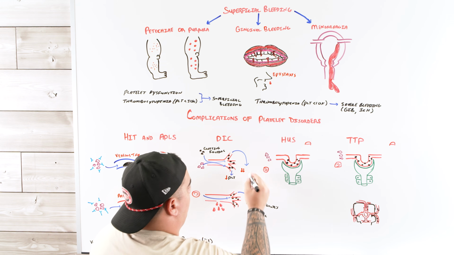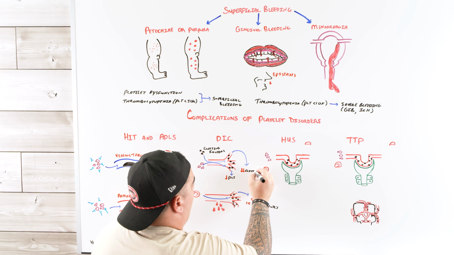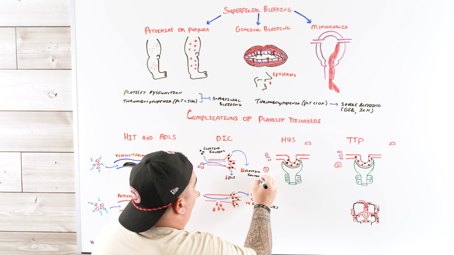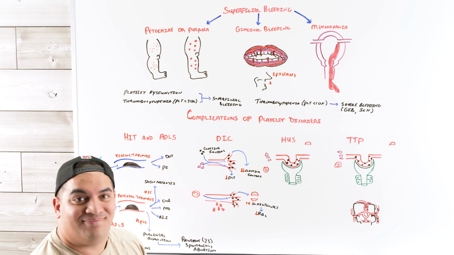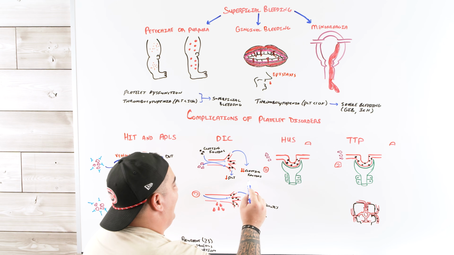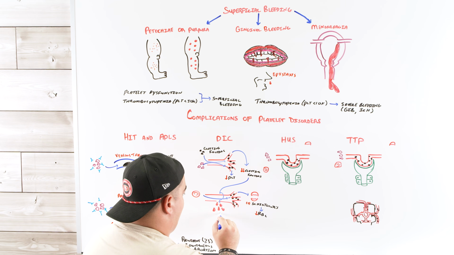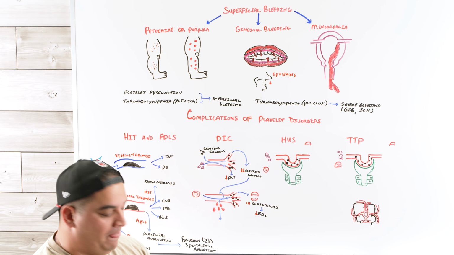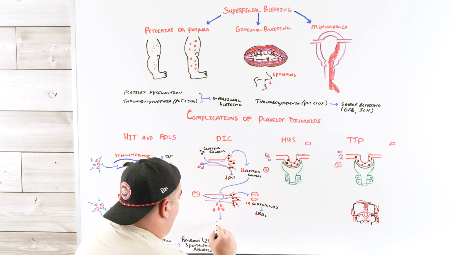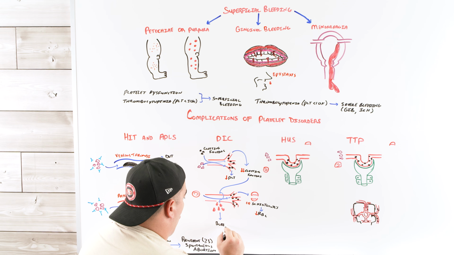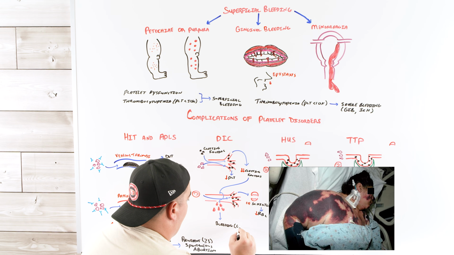We talked about this a little bit ago. When you decrease your clotting factors, are you able to clot now? No. And then the unfortunate complication here is that these patients can experience bleeding. All right? And this is their coagulopathy.